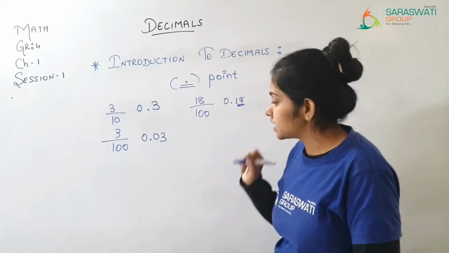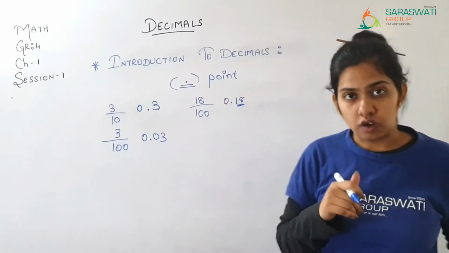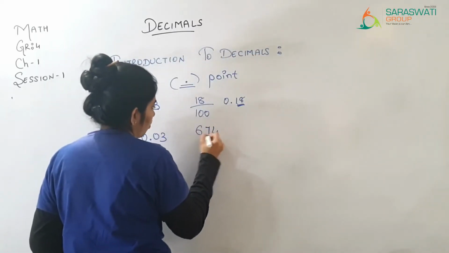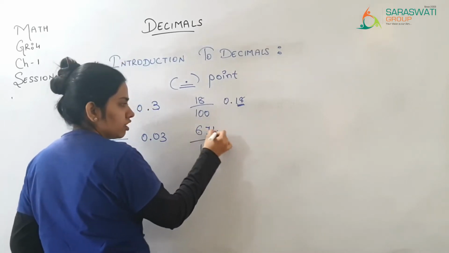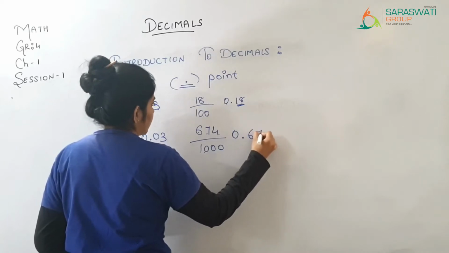If it is 27 then 0.27. Okay? Now 674 upon 1000. 3 digits, over here also 3 digits. 0.674.